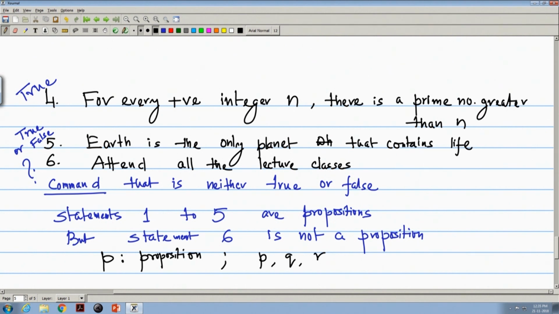Sometimes we call these propositions primitive statements. Primitive statements cannot be broken into some simpler sentence. Okay. So, this is a primitive statement or proposition.